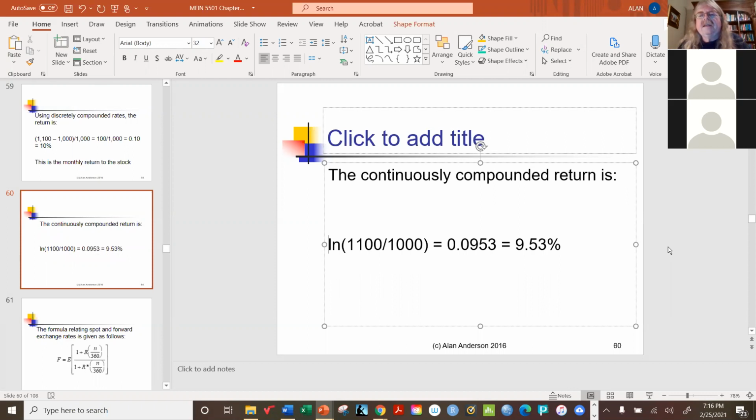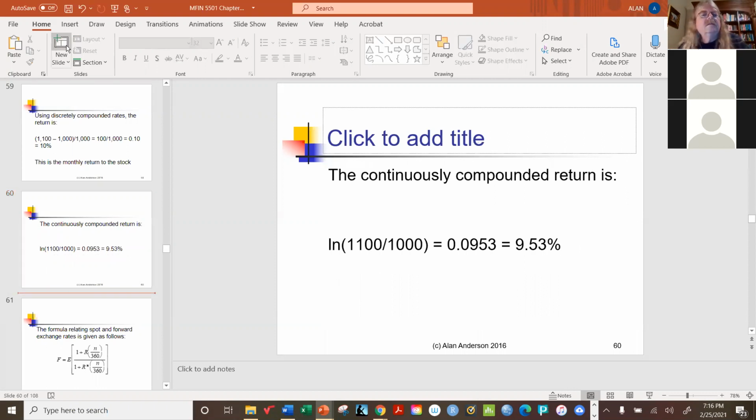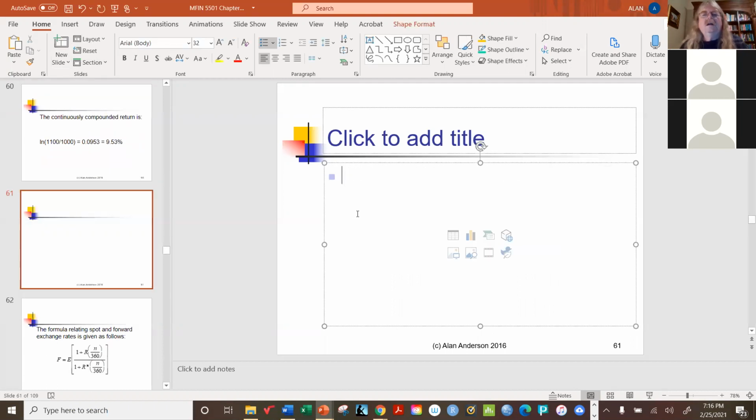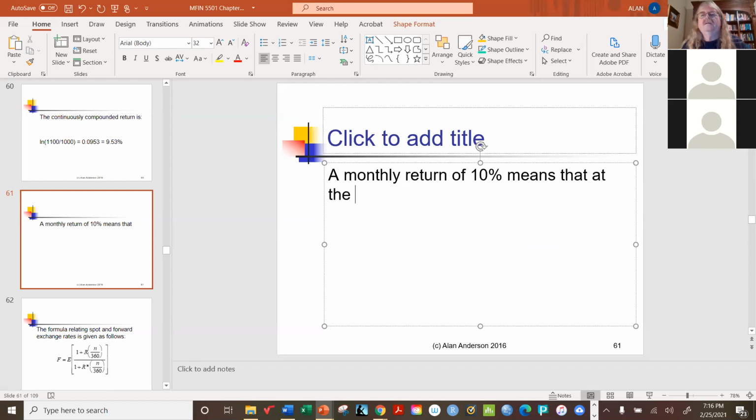The way that you have to think about this is that a monthly return of 10% means that at the end of 1 month, the investor earns 10%.